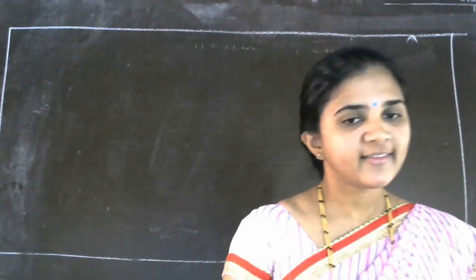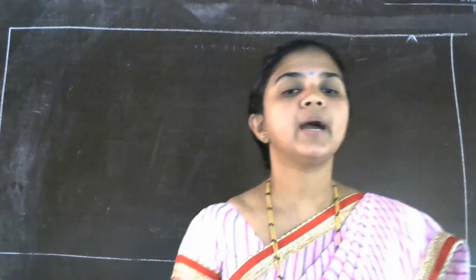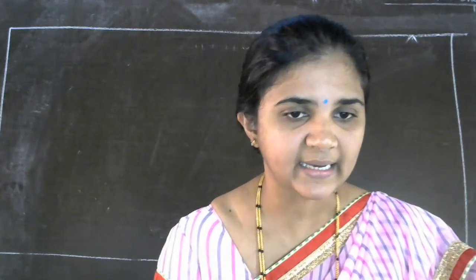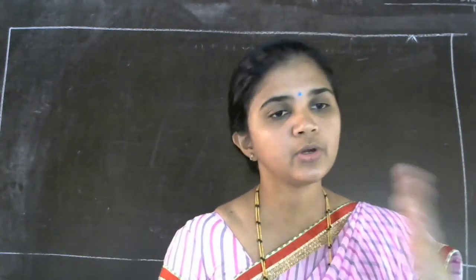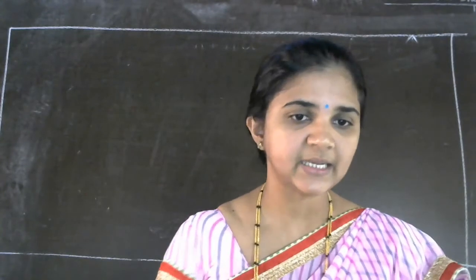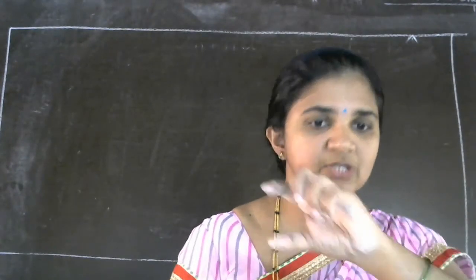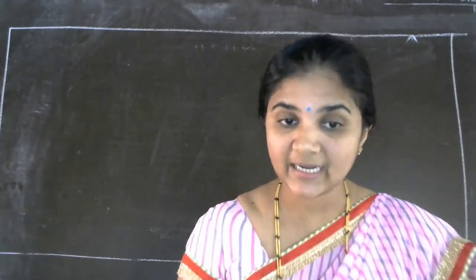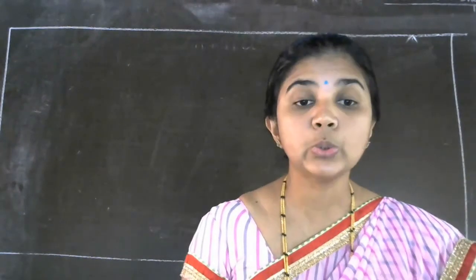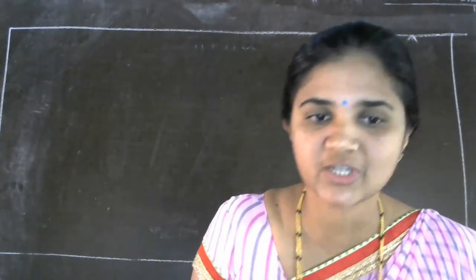So, got the idea of the situation? They are giving the situation. You have to write it first algebraically, then represent this situation graphically. Do you know the meaning of algebraic representation and graphical representation? Algebraic representation means you have to write the equation. By reading the statement, two conditions are there, so you will get two linear equations in 2 variables. This is a pair of linear equations in 2 variables.